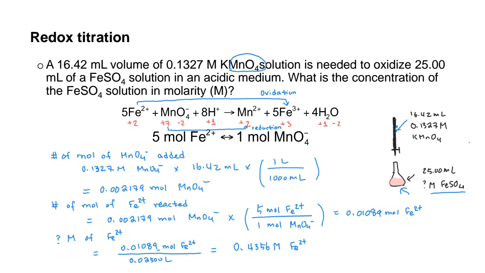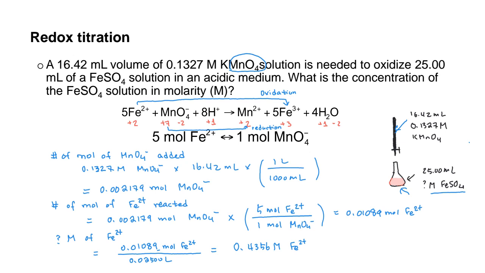Then you can read the burette volume. In this case, we added 16.42 mL of potassium permanganate solution to complete the titration. So what will be the concentration of the iron sulfate solution in molarity?